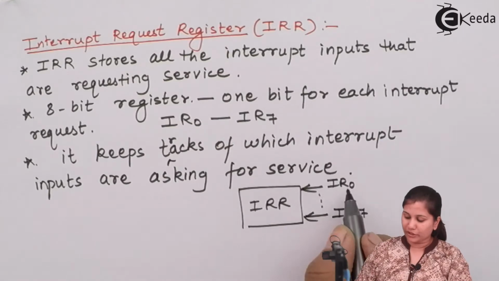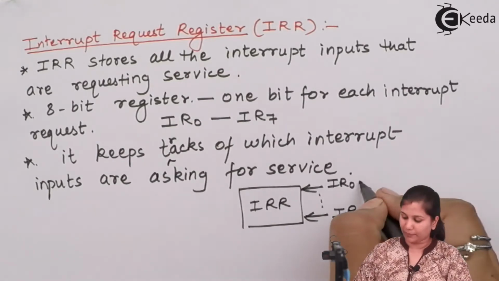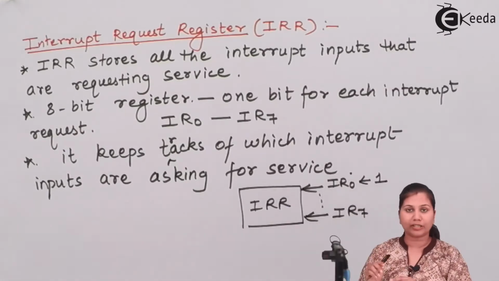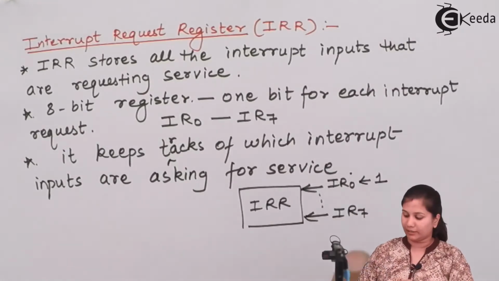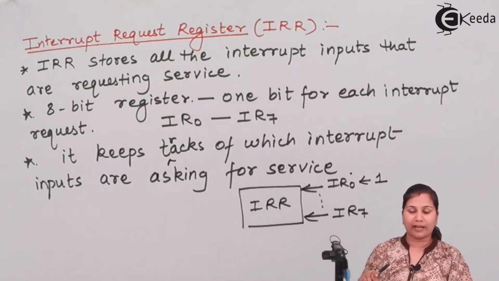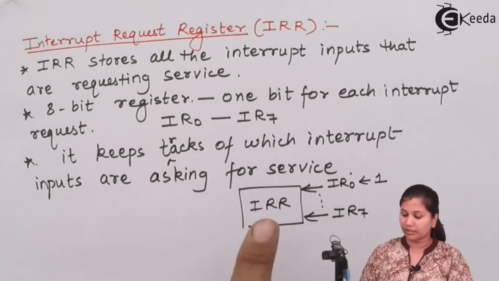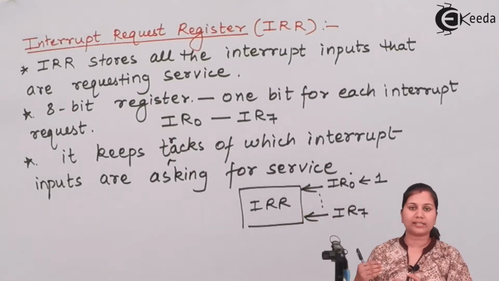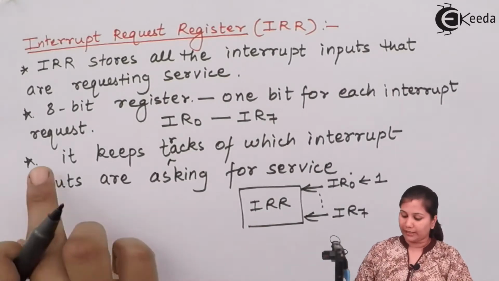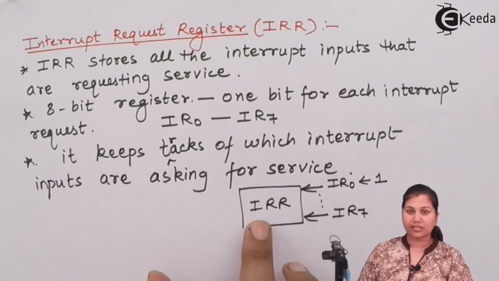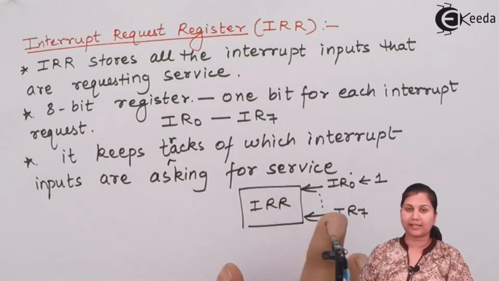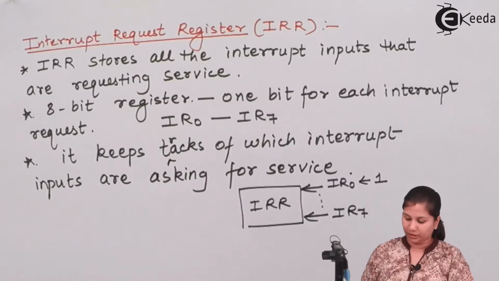If, suppose, IR0 is set, it is 1, it means that the first device wants the service. Now if IR6 is 1, that means that the sixth input output device wants service. So this register is keeping track of which interrupt inputs are asking for service.